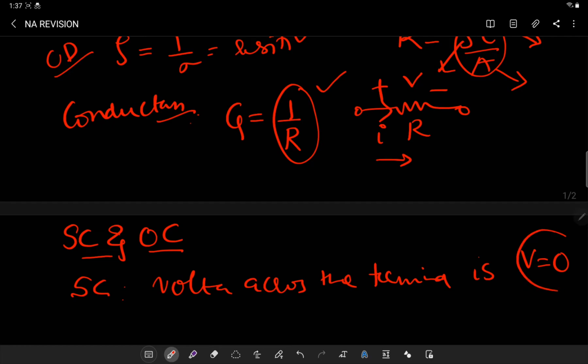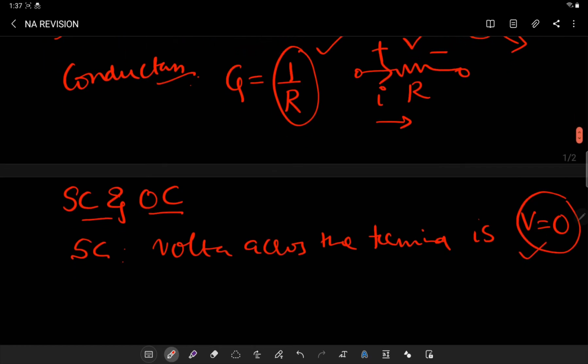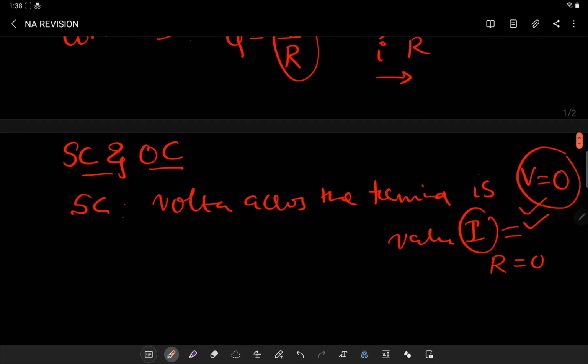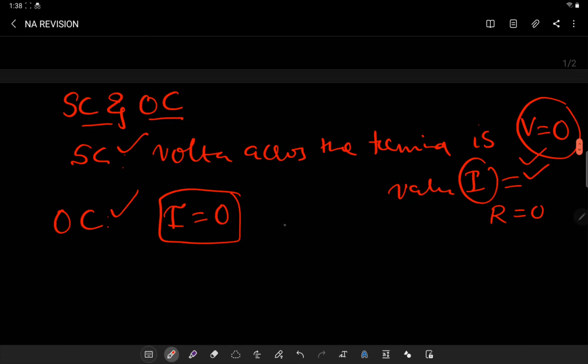So V is simply 0 and the value of current can be anything because R is 0. Whereas in open circuit, current is 0. So in short circuit voltage is 0, in open circuit current is 0. This translates to resistance being infinity.